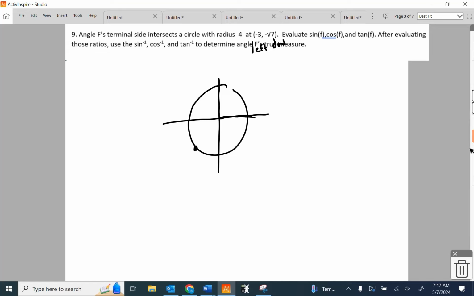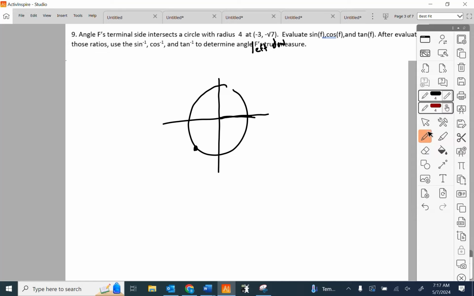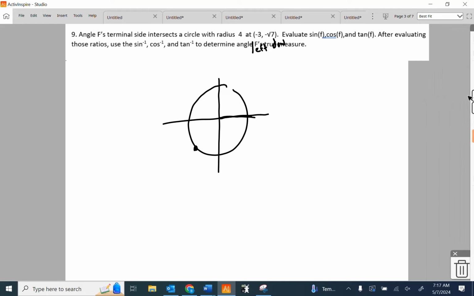I wish my pen would draw for me. It's annoying. There we go. The angle rotates to there. This is the angle. The calculator will not return that. But anyways, the radius was 4. To imagine this triangle being drawn, I went left 3 and I went down root 7.